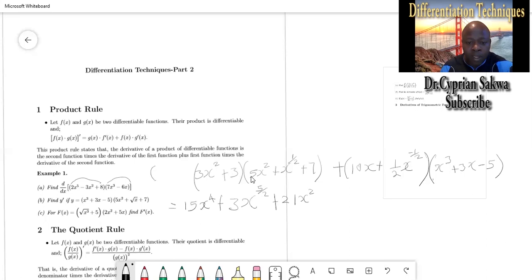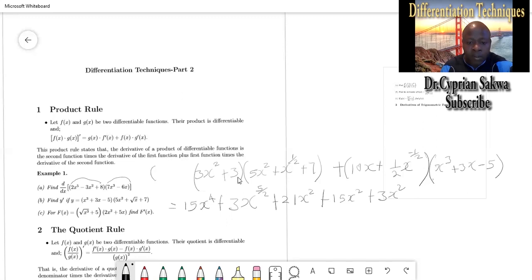I'm done with 3x squared. So I come to 3 now. This would be 15x squared and this would be 3x squared. Which one is that?